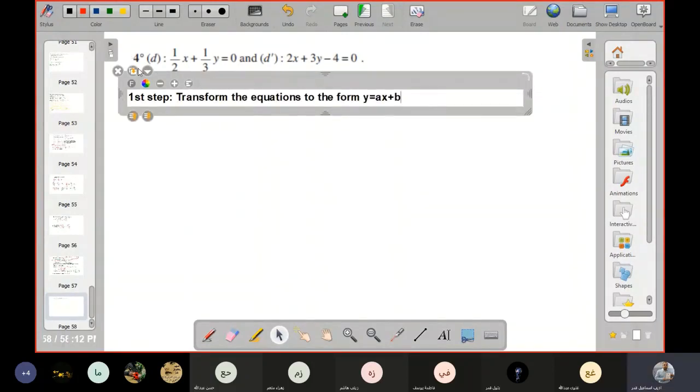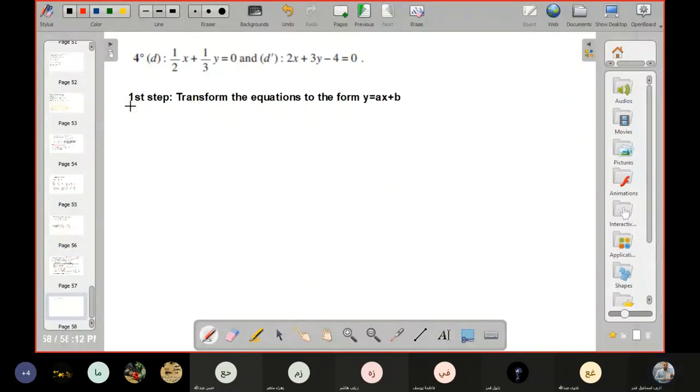We start with the first equation: 1/2x plus 1/3y equal to 0. Here, let me give you a hint.